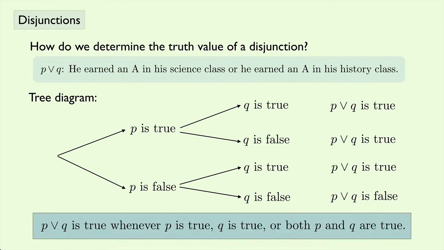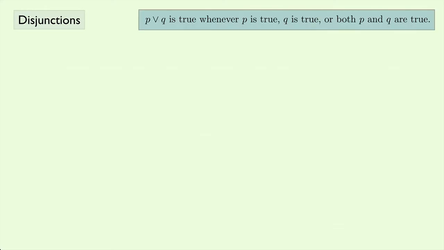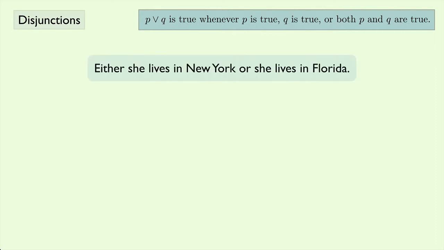So we see that P or Q is true whenever P is true, Q is true, or both P and Q are true. Now, we have one extra thing to talk about with disjunctions that didn't happen with conjunctions. Consider this sentence here. So first, let me put what we saw before, the rule for determining the truth value. And consider this sentence. Either she lives in New York or she lives in Florida.